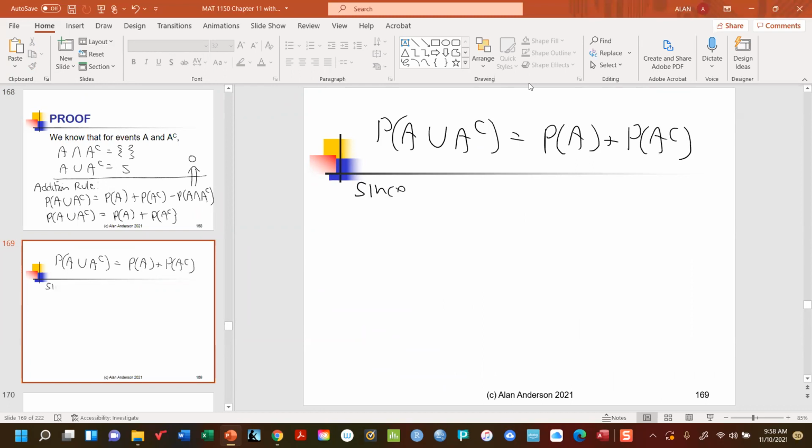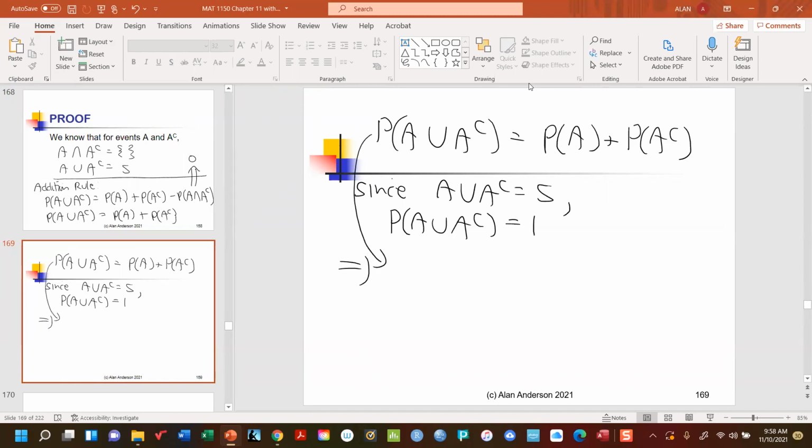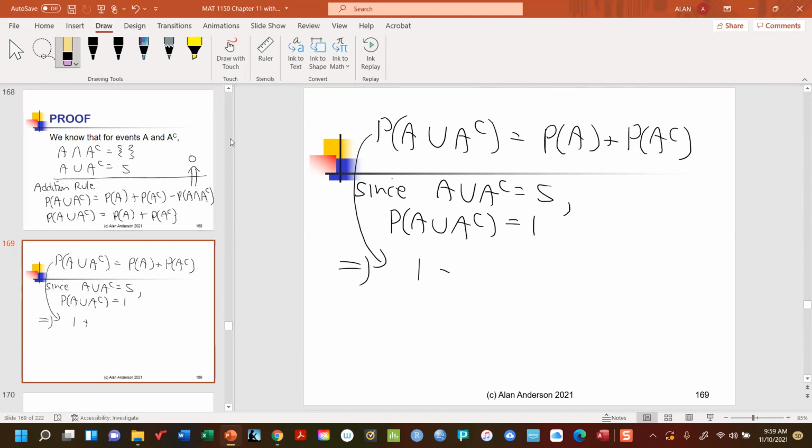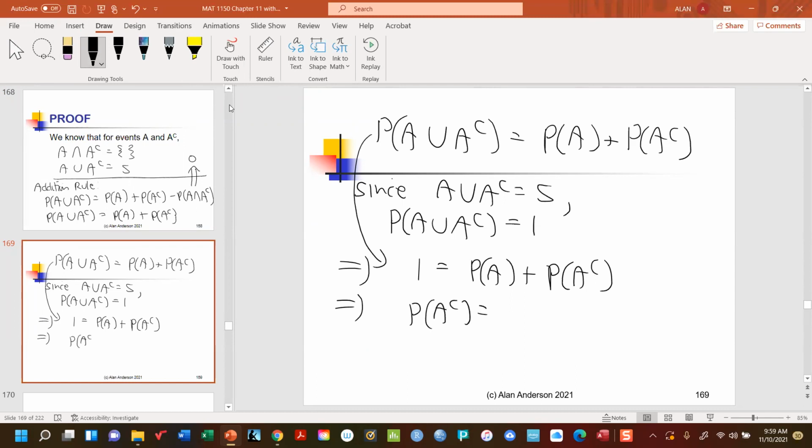Since A union A complement is the entire sample space, the probability of A union A complement is 1, and therefore this expression can be written as 1 equals P(A) plus P(A^C). And that tells me that either one of two things is true algebraically.